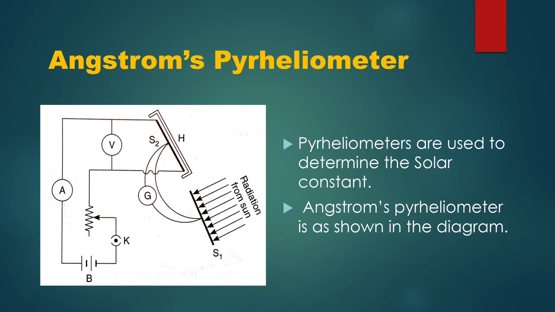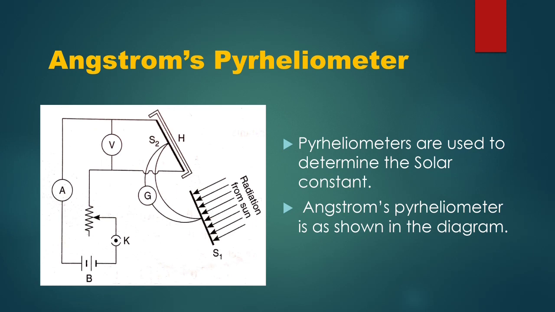Here, the ammeter is used to measure the current in the circuit. Voltmeter is used to measure the voltage in the circuit. Battery is the power supply to the circuit, and rheostat is used to change the intensity of the current in the circuit.